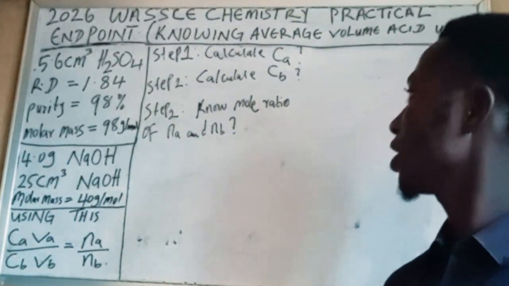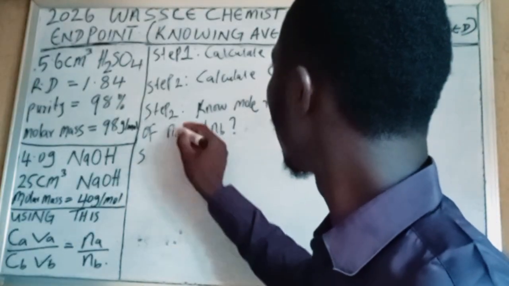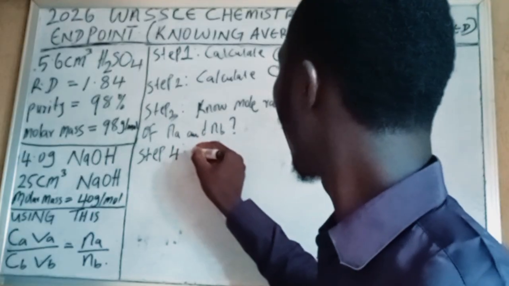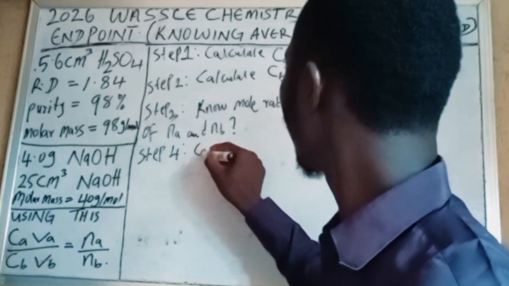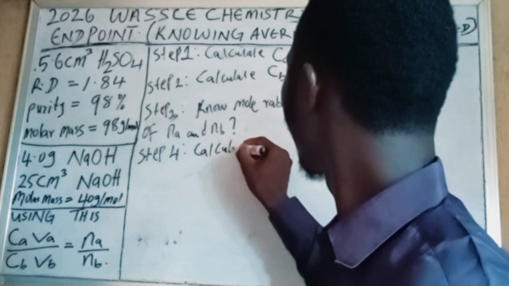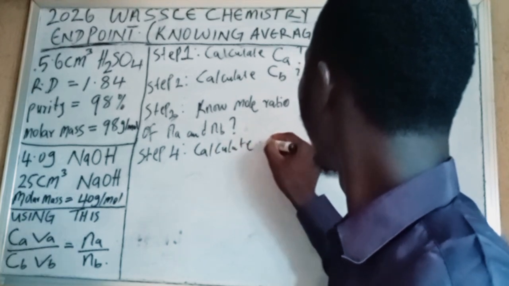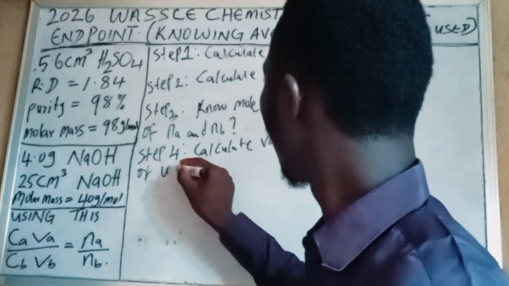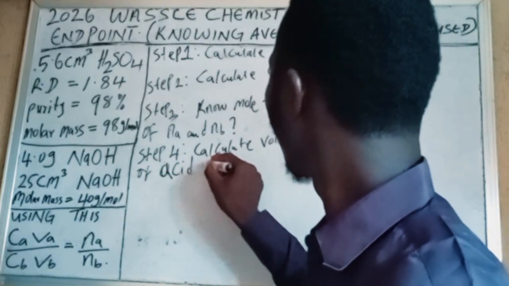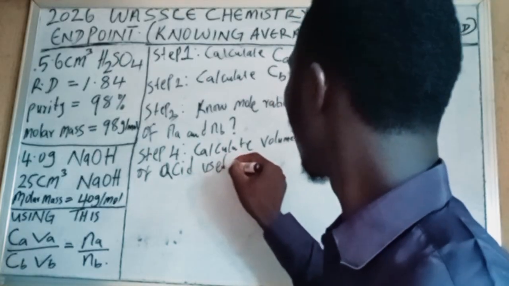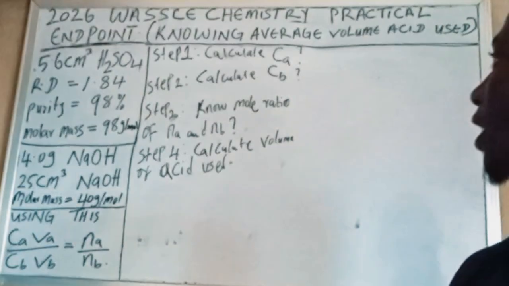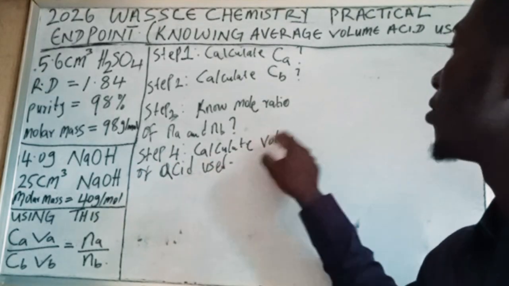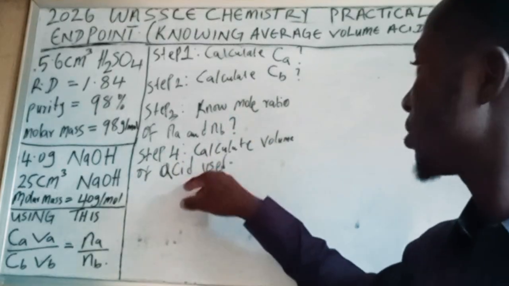Then the final step, step 4, is to calculate the volume of acid used. So we are going to follow these steps and arrive at step 4, the final step to calculate the volume of acid used, which is the same thing as the endpoint.